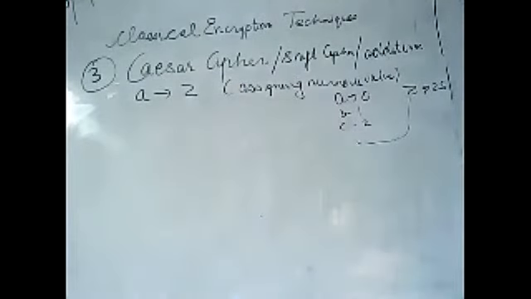So we are representing the values from A as 0 to Z as 25.